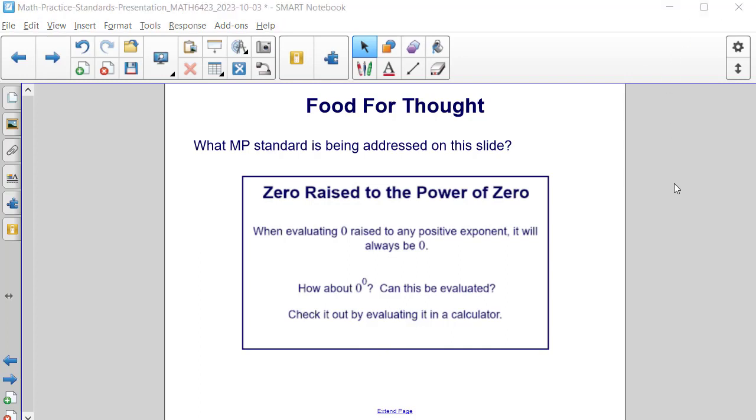And the last standard that is addressed here is mathematical practice standard number 7, looking for and making use of structure. And if there's an interest, this slide was pulled from Algebra 1, Unit/Module 1, Numbers, Operations, and Expressions. And an interesting discussion follows this slide.